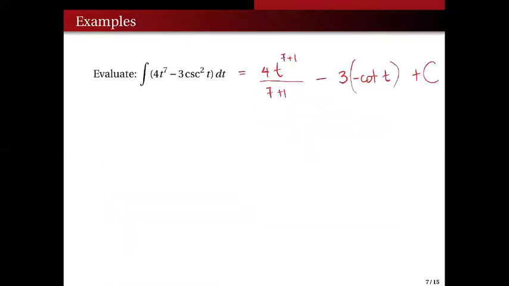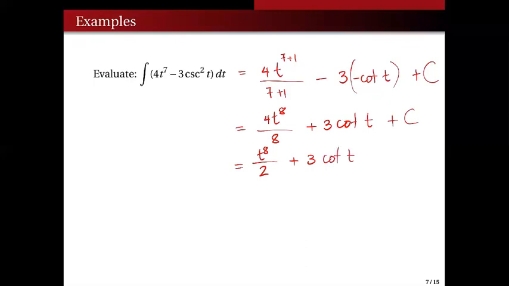If we simplify this, we will have 4t to the 8 over 8 plus 3 cotangent t plus the arbitrary constant c. Further simplification, we will have t to the 8 over 2 plus 3 cotangent t plus the arbitrary constant c. Okay? Questions?